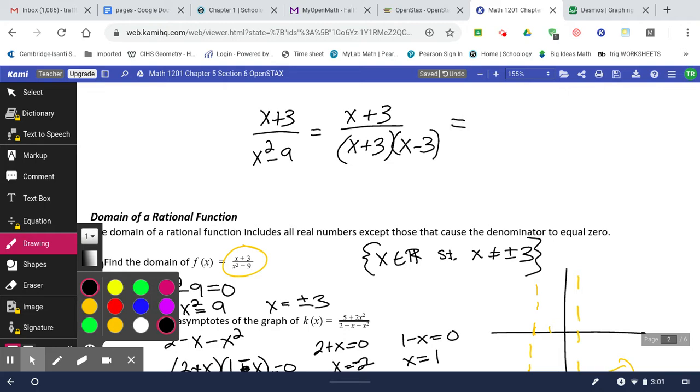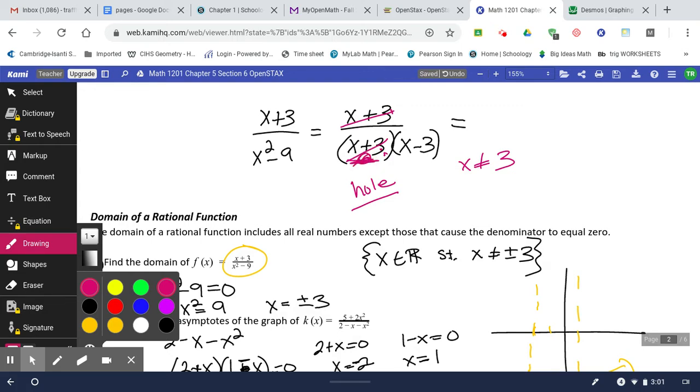So although we said that the denominator cannot be negative 3 or positive 3, do you see how we could knock that out? This is what we call a hole, because it factors out. So as you start simplifying your expression, it goes away. And now your only issue is just that x can't be 3. But in reality there's a hole right here at negative 3.